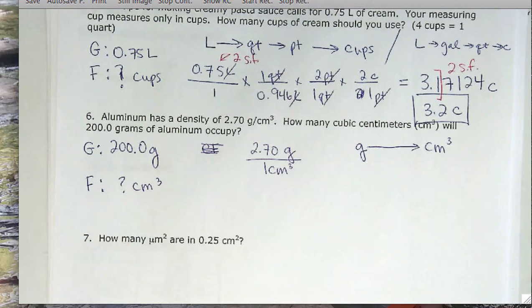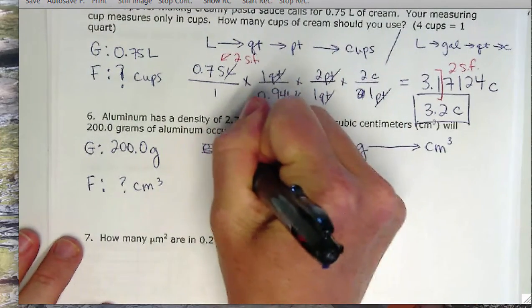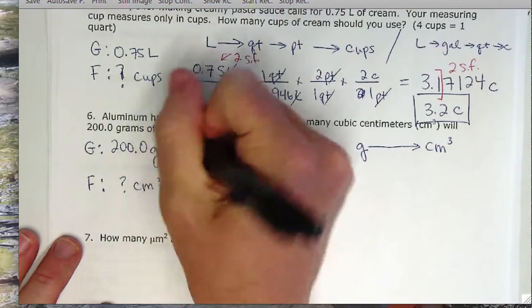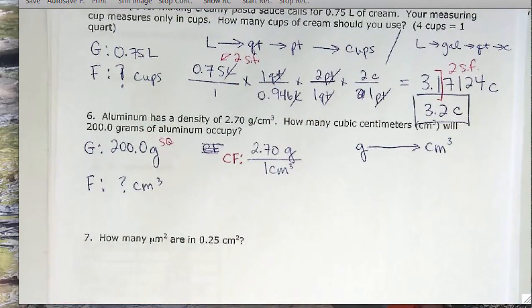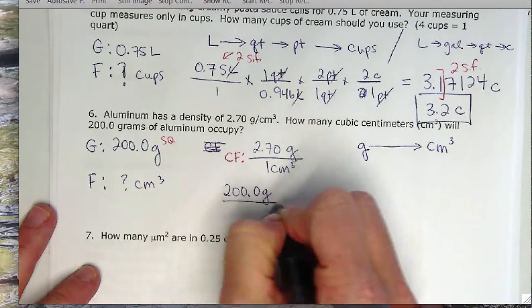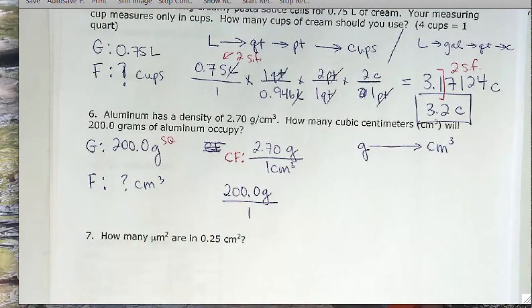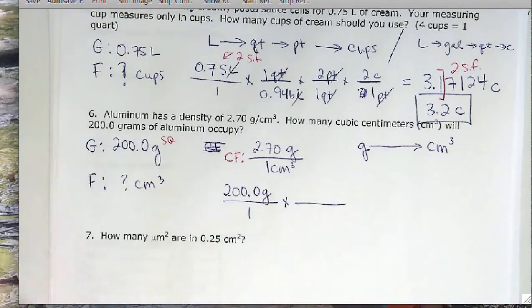My conversion factor is the one that has 2 units. So this is my conversion factor, and this is my starting quantity. SQ is for starting quantity. So it's just a matter of setting it up. I have 200.0 grams. Make sure you put all those zeros, because how many sig figs does that have? 4. Excellent. Now, what am I going to do with my conversion factor?